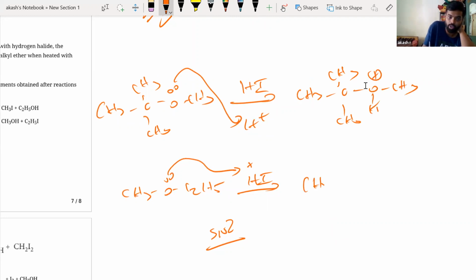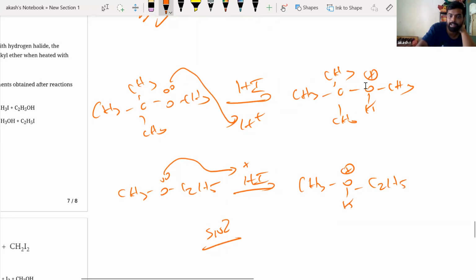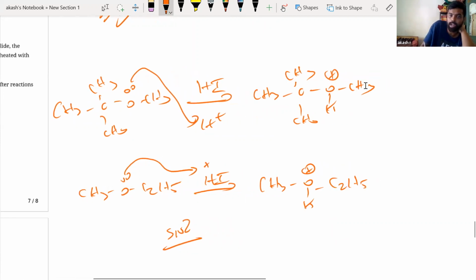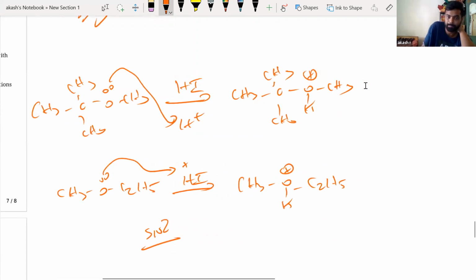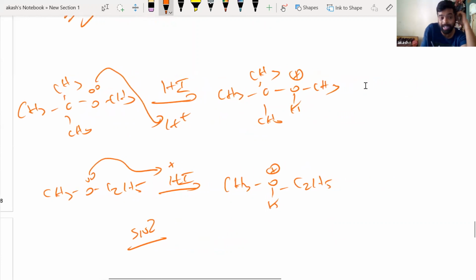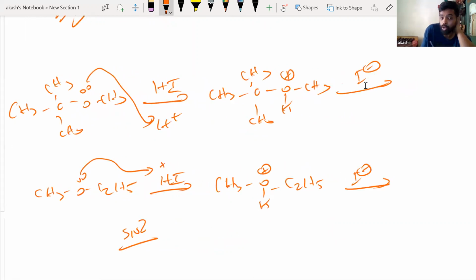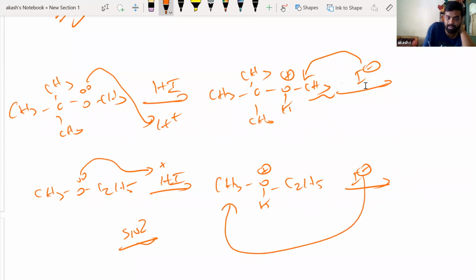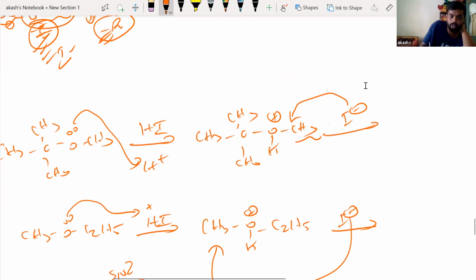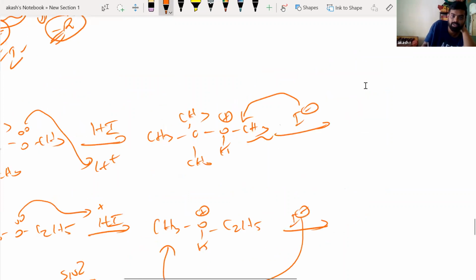And in this case, you would have CH3O, H plus, C2H5. Now the next step in both of them is I minus coming. I told you it is an SN2 substitution, so it will go for the less sterically hindered group, and in this case it is CH3. It will come and attack here. And in this case, the smaller one, CH3, will come and attack. So what are you expecting here? You would have formed CH3.